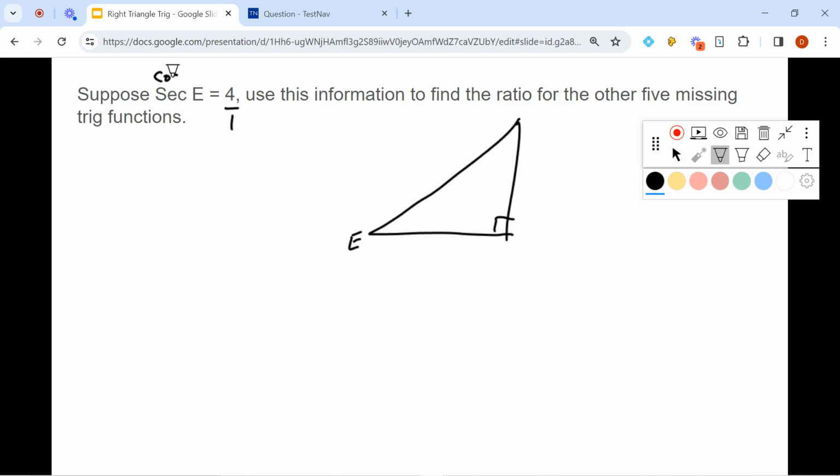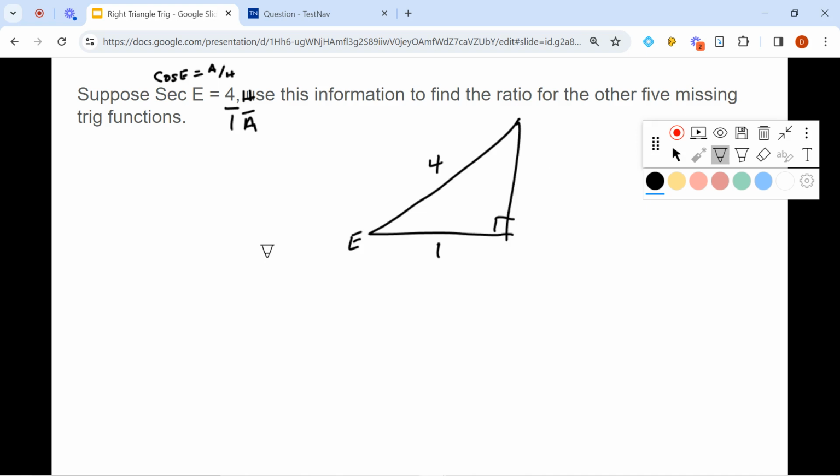Secant is the reciprocal of cosine. Cosine is the adjacent over the hypotenuse, which means that secant is the hypotenuse over the adjacent, which means that I now know the hypotenuse of this triangle is 4. The adjacent side to angle E is 1. So this side is 1.